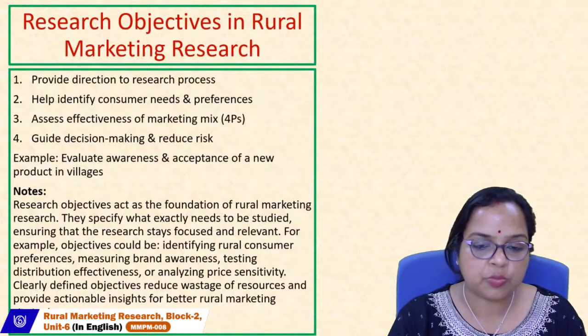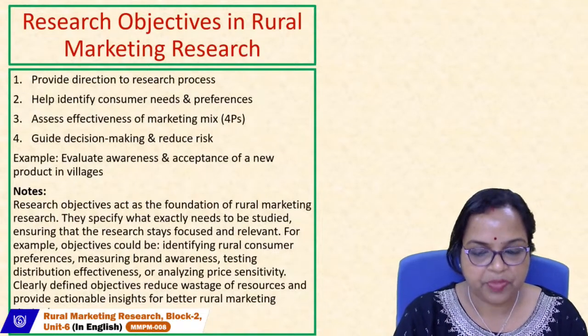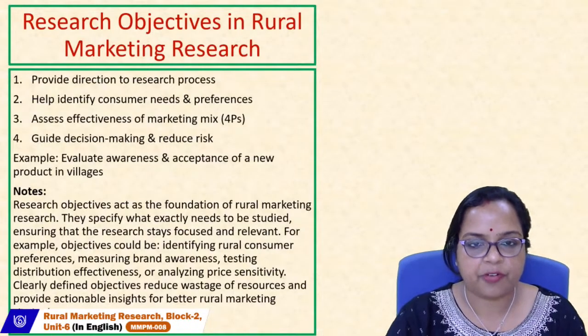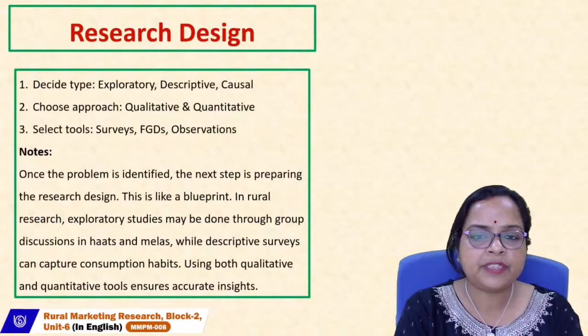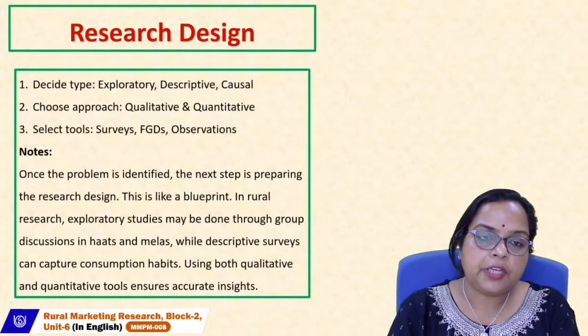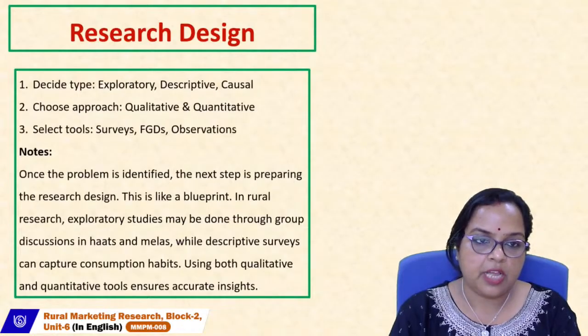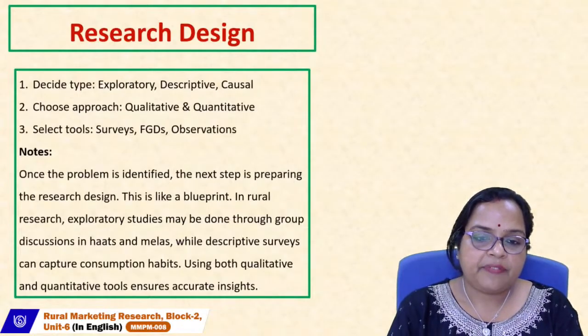The price of your product is more than the price they are expecting. These may be considered as the objectives of your research problem. After deciding the research objective, you are going to decide what type of research you are going to design for this. Once the problem is identified, the next step is preparing the research design.